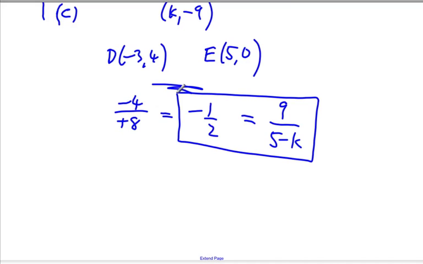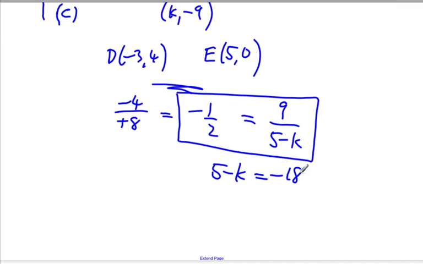If we've got a 9 on the top, what must be on the bottom to make it negative 1/2? Negative 18 even, okay? So we need this to be negative 18. So 5 take away what equals negative 18.